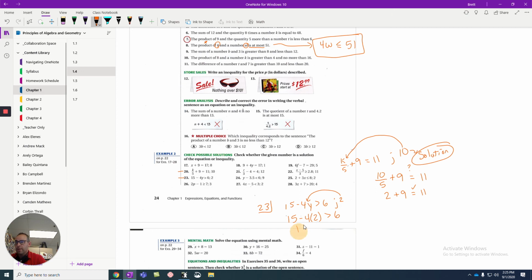Doing PEMDAS, we have 15 minus 4 times 2 is 8. We want to know, is that greater than 6? 15 minus 8 is 7. Is 7 actually greater than 6? The answer is yes. So this would again tell us that 2 is a solution to this problem. There will be times when you will get something that is false, and when it is false, you'll just simply say that it's no solution.